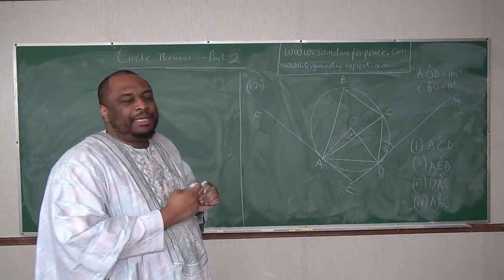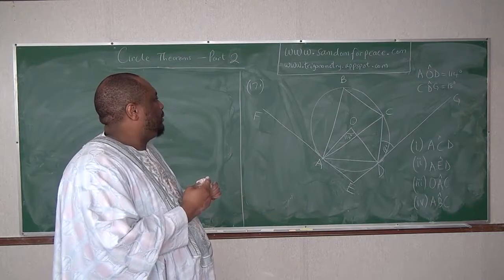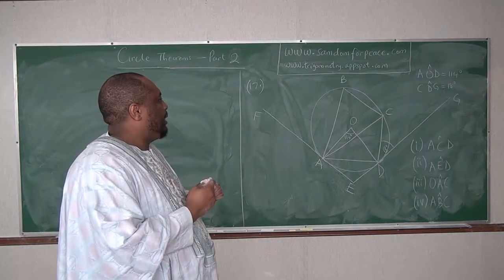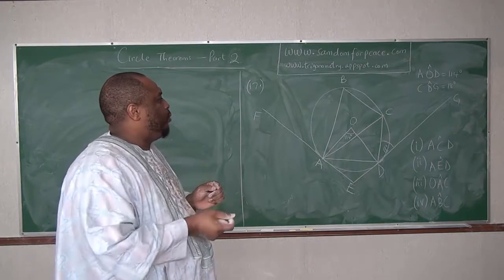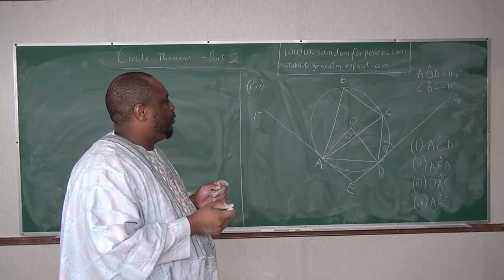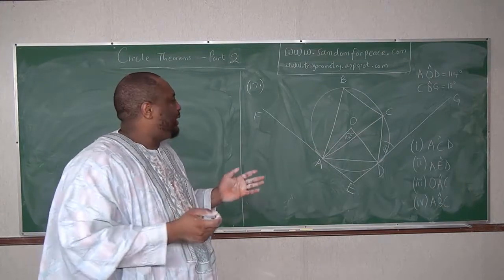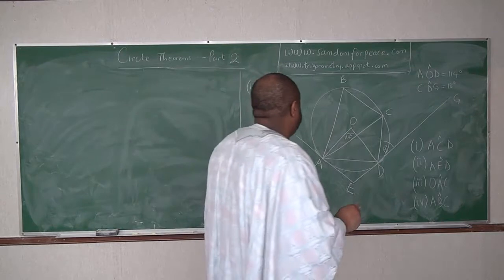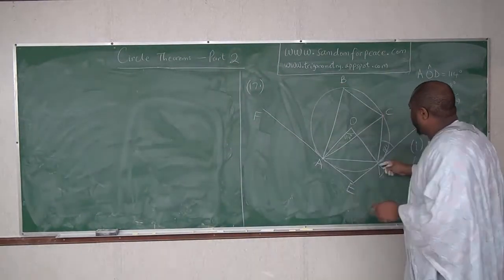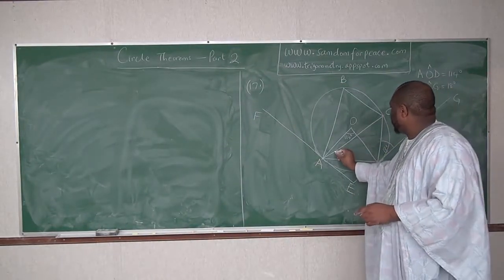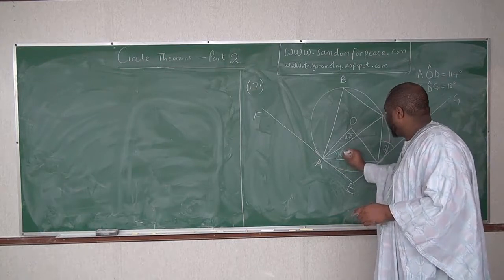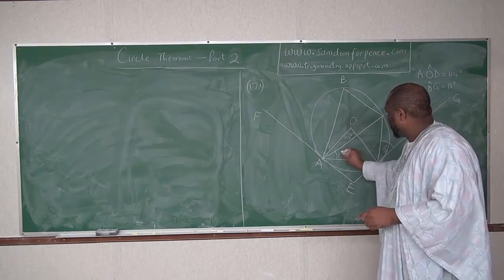I'm just trying to see what might be a quick way to get this. But we can get a lot of these. So here, this is 18 degrees here, 18 degrees here.